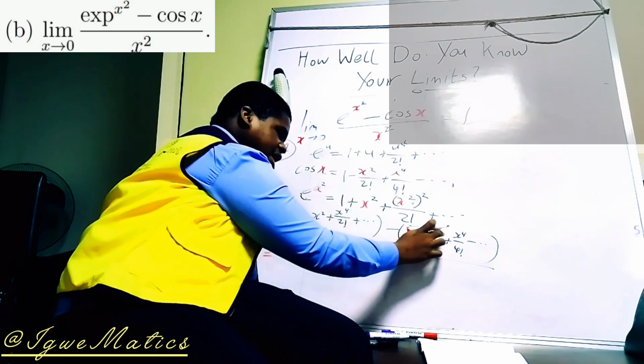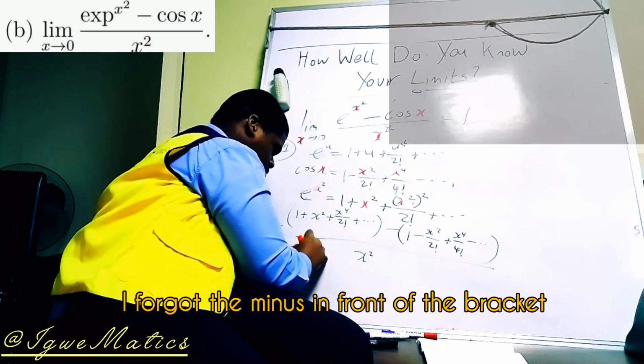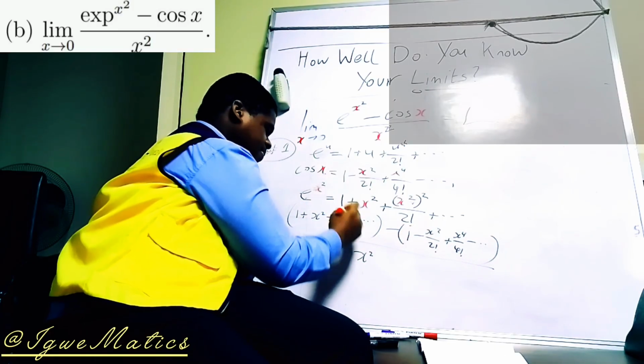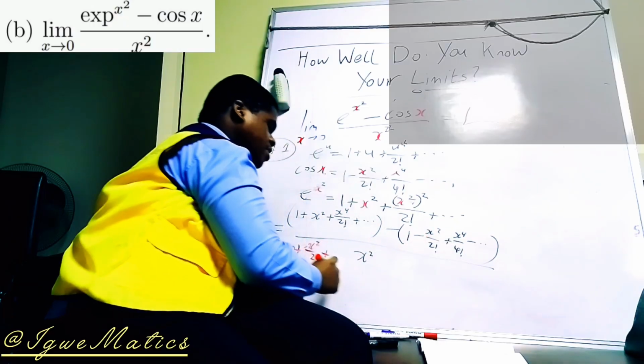x squared minus x squared over 2 is just going to be x squared over 2. Then we have x to the power of 4 over 2 factorial plus x to the power of 4 over 4 factorial.